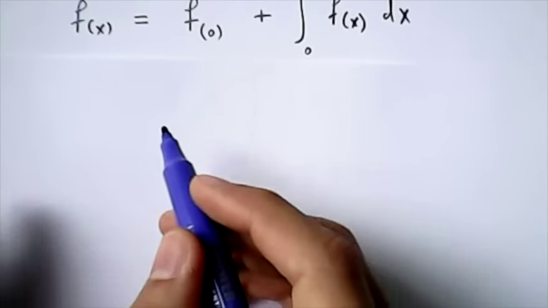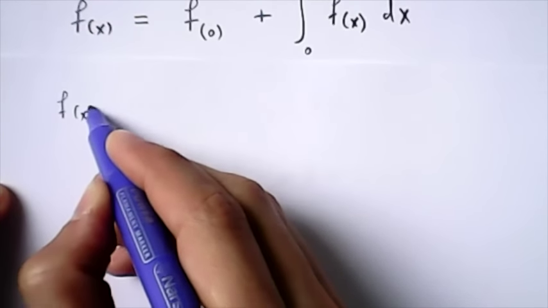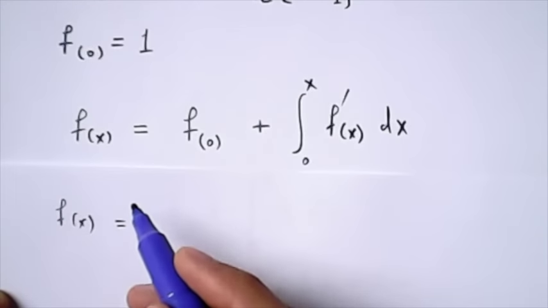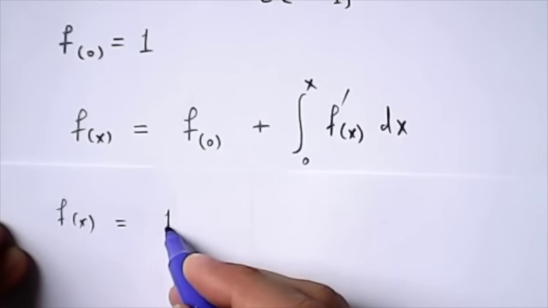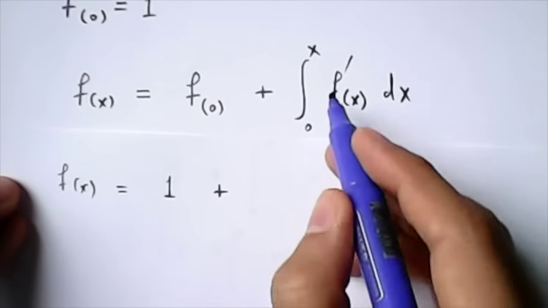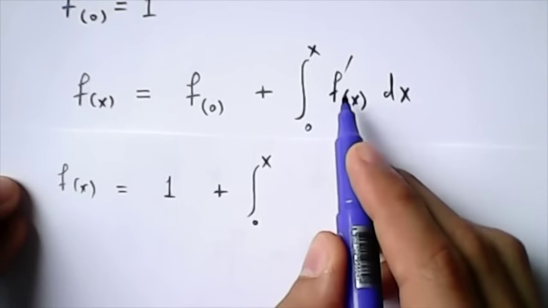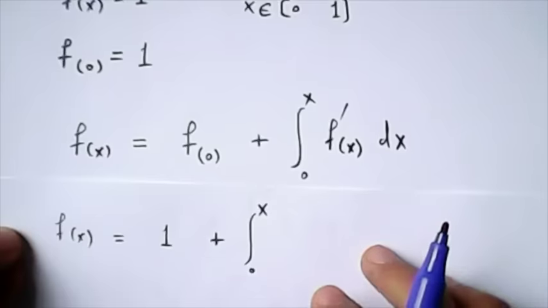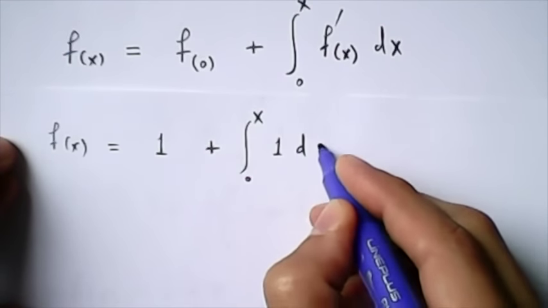Okay, so let's insert the values. F of x is equal to, let me go down here, f of 0 is equal to 1 plus the integral from 0 to x, and f prime of x was equal to 1 dx.